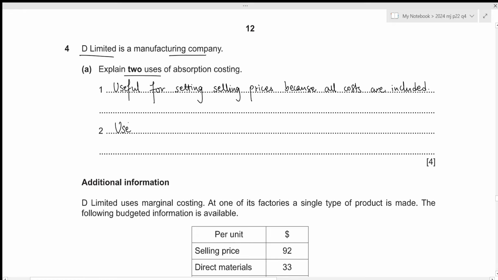So useful for inventory valuation. As it takes account of fixed costs. That is all for the first part. Let's move towards the next one.